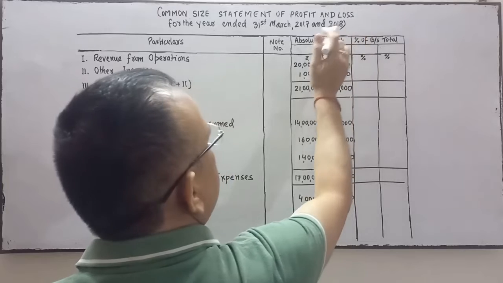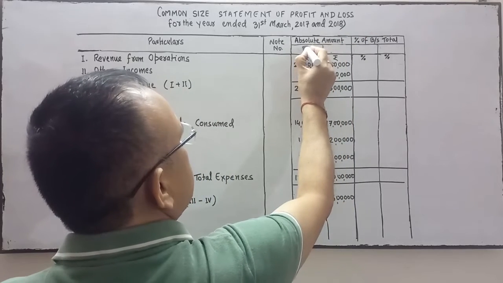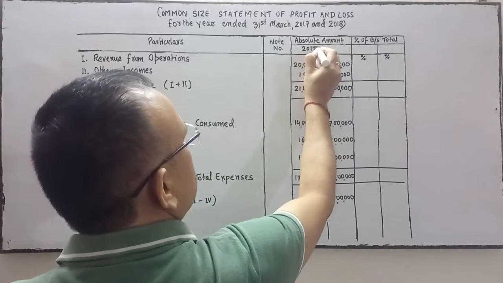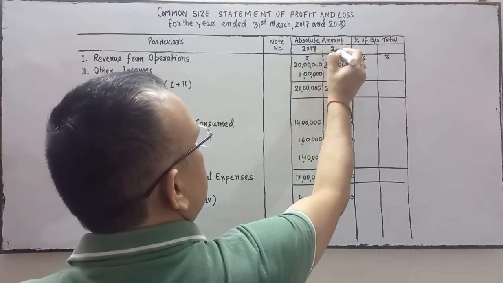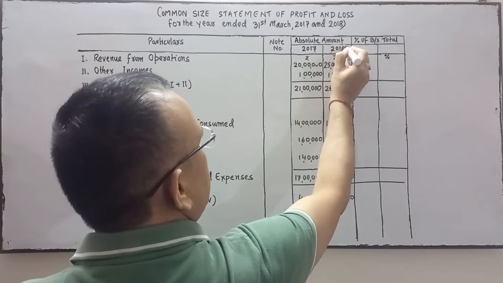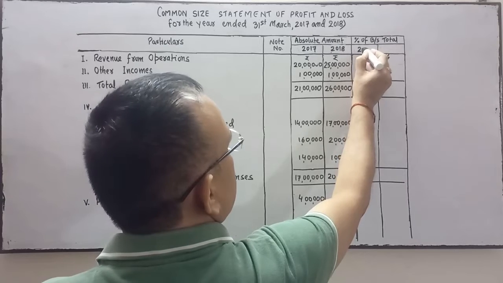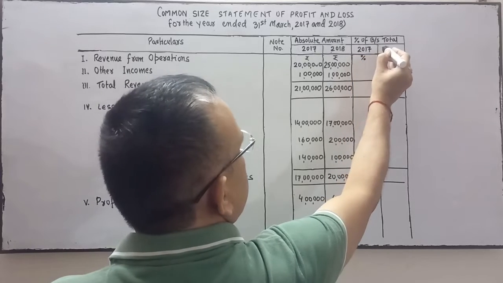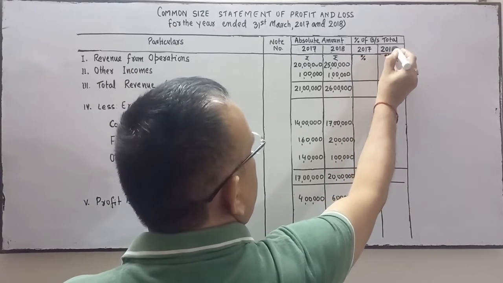So previous year is 31st March 2017 and it is 31st March 2018. This is for 2017 and this is for 2018.